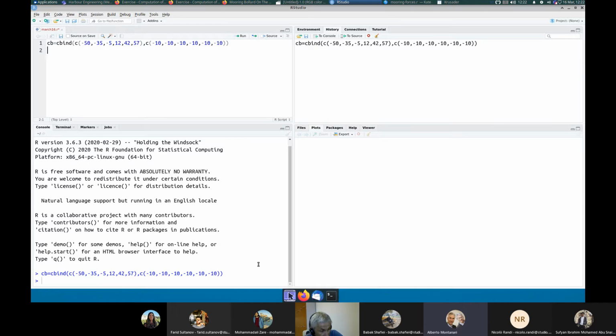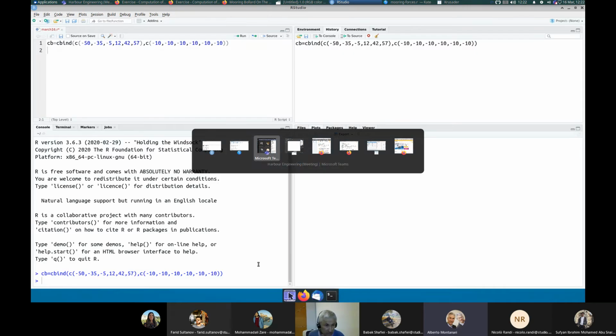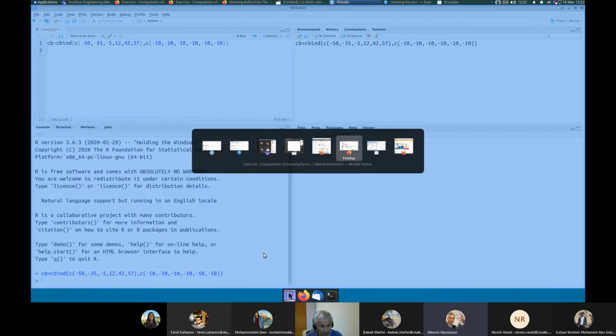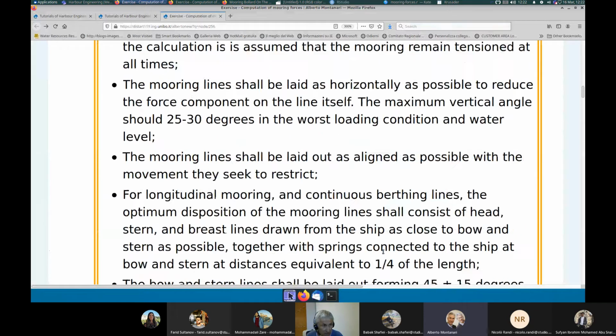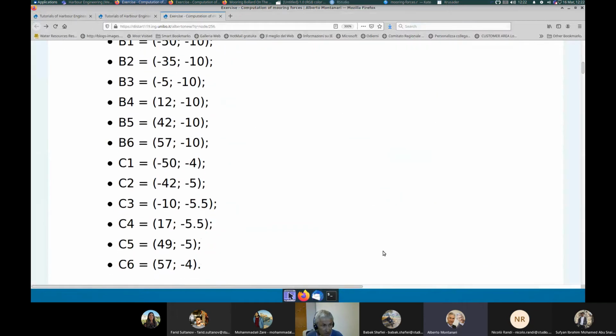Are we sure they are correct? Yes. Look at the coordinates. These are the coordinates of the bollards. The bollards are placed at the same y coordinate and varying x coordinate. Let's go back to our text, and let me go to the coordinates.